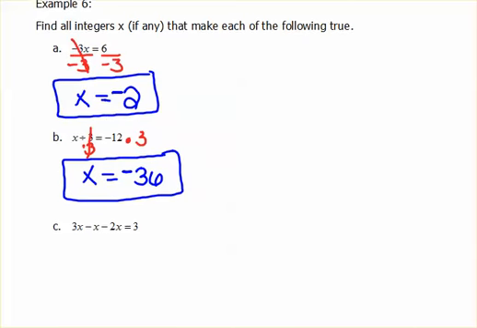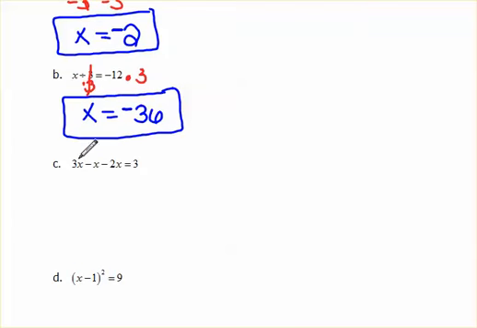All right, what about this next one here? We have 3x minus x minus 2x equals 3. So we have some like terms here that we can combine first. So 3x minus x, well, 3 minus 1 would be 2x's, right? Subtract and then keep the sign of the larger number. Minus 2x equals 3.